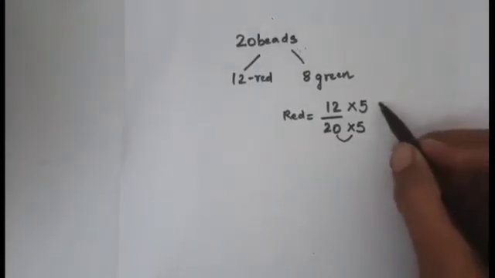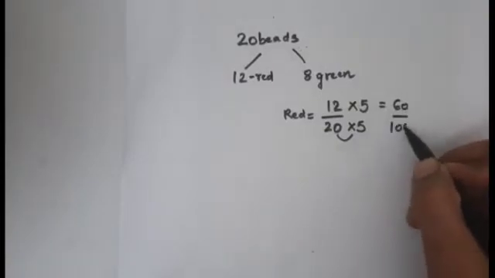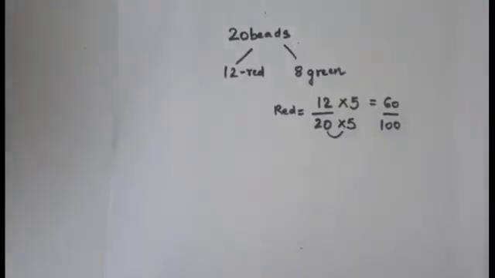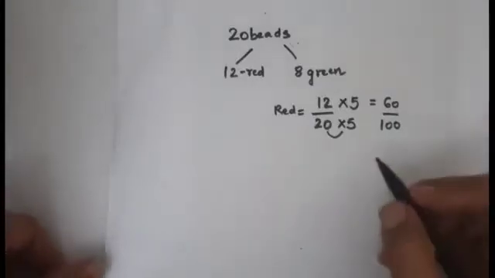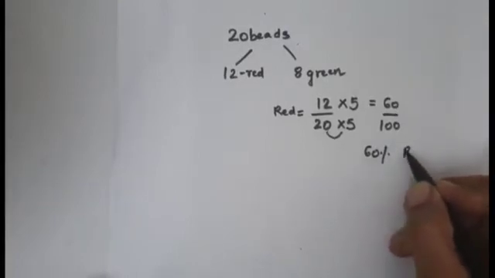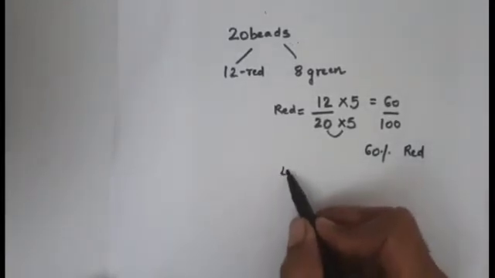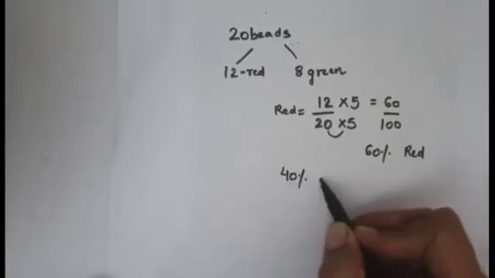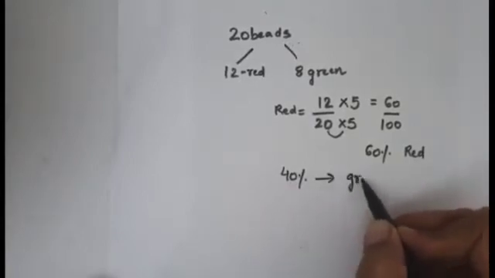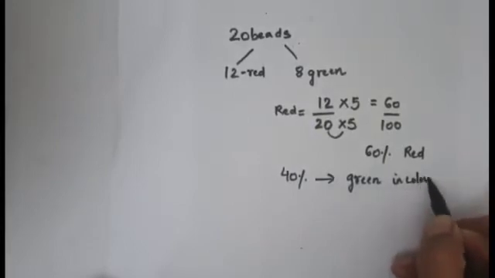So, what we get? That is 60 upon 100. So, now we can easily say that 60% of beads are red in color. And obviously, 40% beads will be green in color. Fine, students?